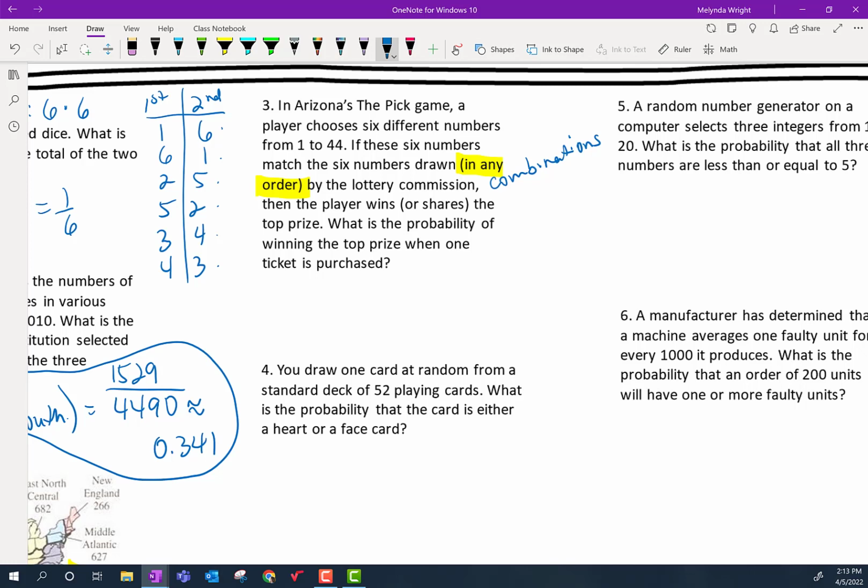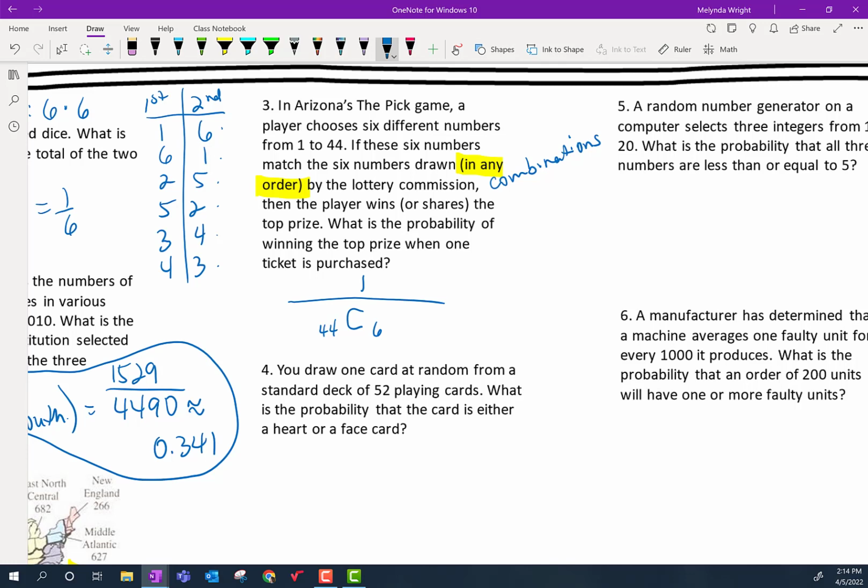Well, that's exciting. We're going to combine combinations with probability, yay. All right, so what is the probability of winning the top prize when 1 ticket's purchased? Okay, so I just have 1 chance, 1 ticket, and of course I want it to be the winner. 1 ticket out of how many ways could I choose the correct combination of numbers? I've got 44 numbers to choose from. It's a combination, and I need 6 of them.